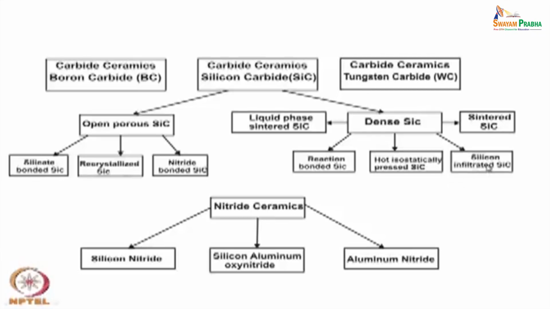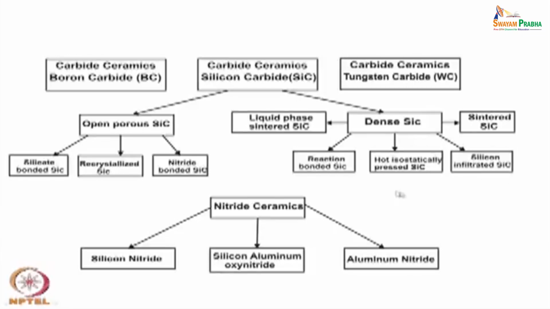Silicon infiltrated silicon carbide, that means at a high temperature silicon melts and then fills up the pores in between the particles. Interparticle spacings can be filled up with silicon metal, and that is silicon infiltrated silicon carbide.